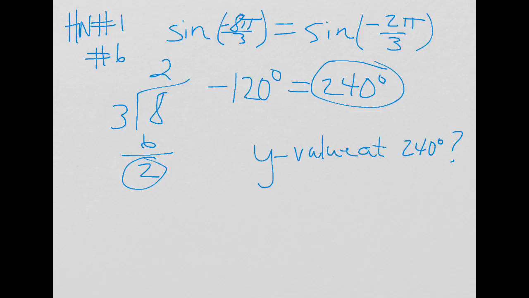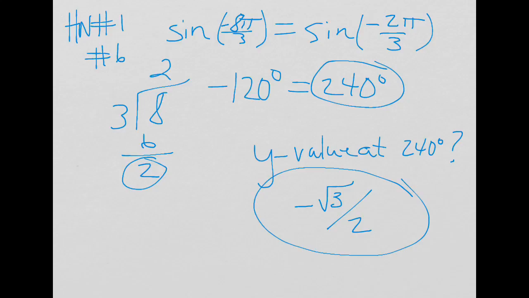What is it? The y value at 240 is negative root 3 over 2. So that would be... This is not the answer.